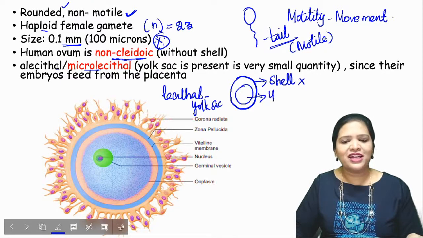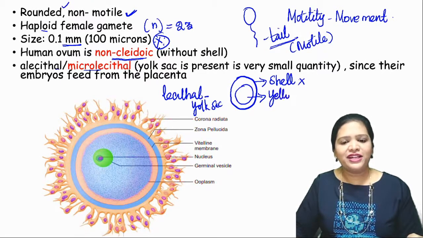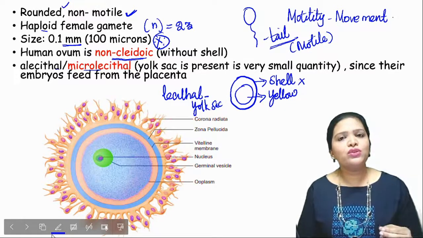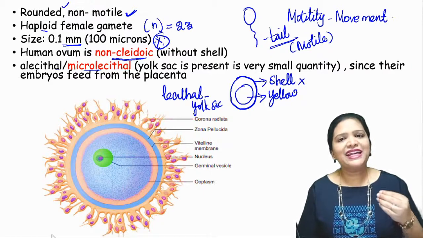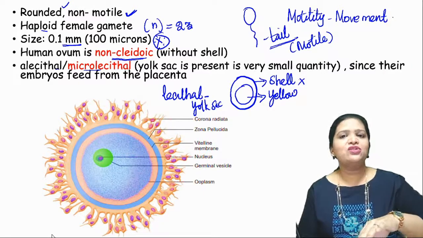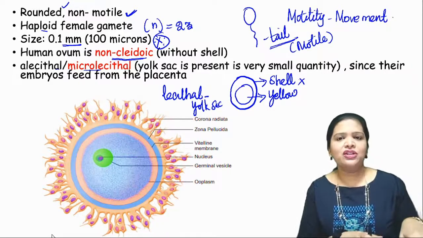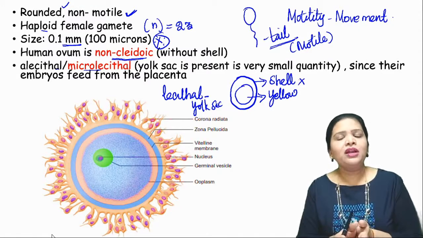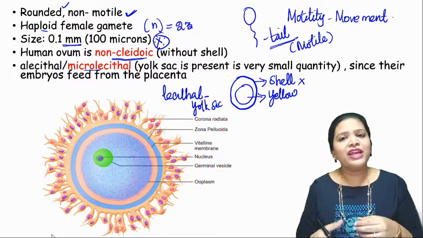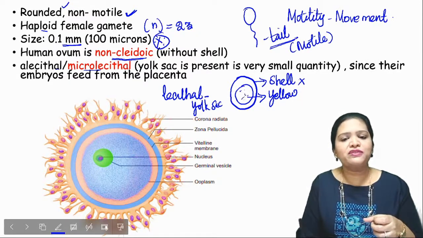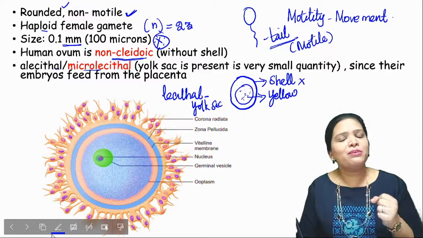This is the yolk sac, yellow in color, right? So what is the purpose of this yolk sac? When the bird lays the egg, the bird has no attachment, right? It gets detached and the egg will be there, and when the embryo grows, the growing embryo takes the nutrition from this yellow region, that is from the yolk sac.